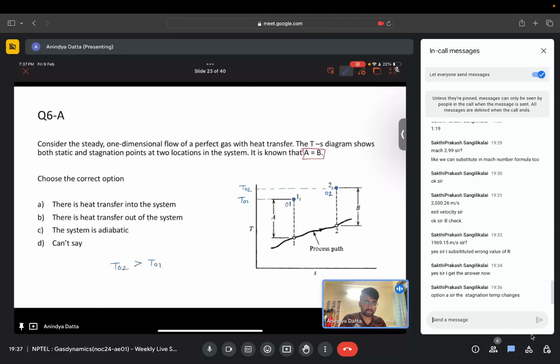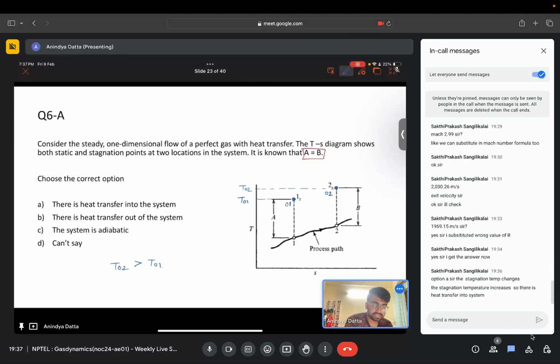When can stagnation temperature increase? When there is heat transfer into the system. Let Q dot be the heat transfer into the system.